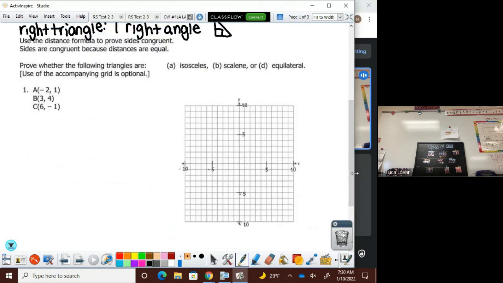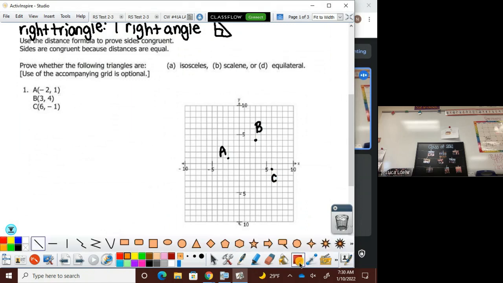So the first thing you're going to do is you're going to plot those points A, B, and C. And you're going to connect it like a triangle.